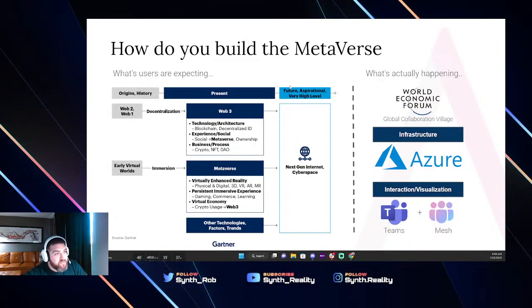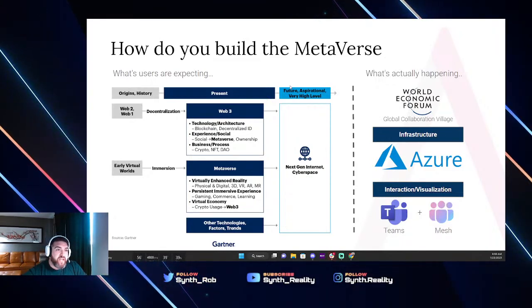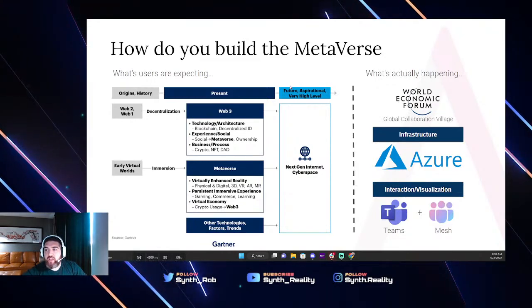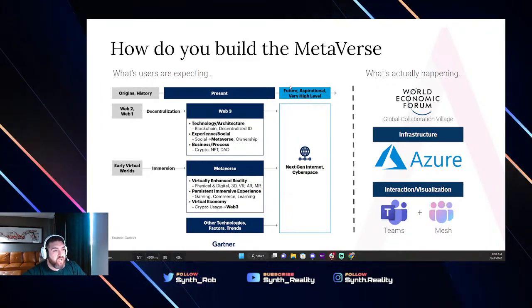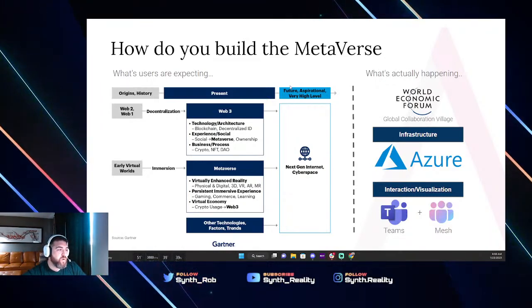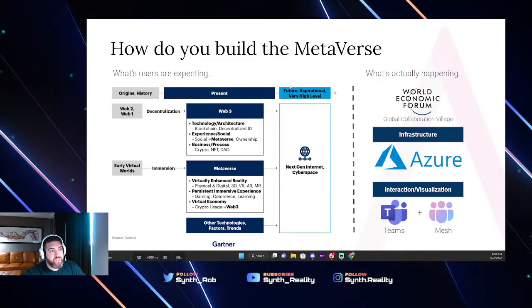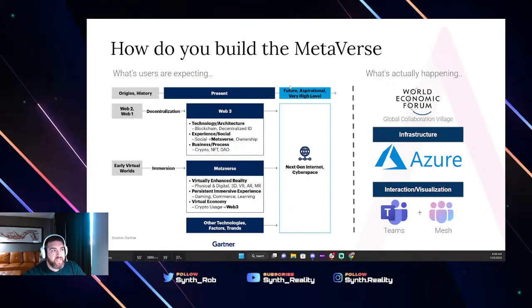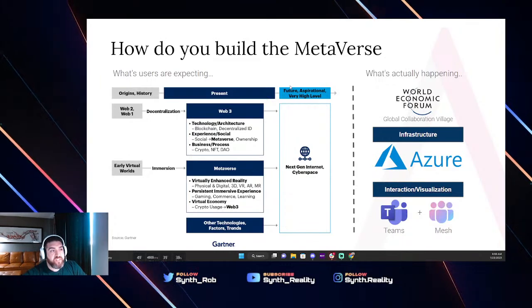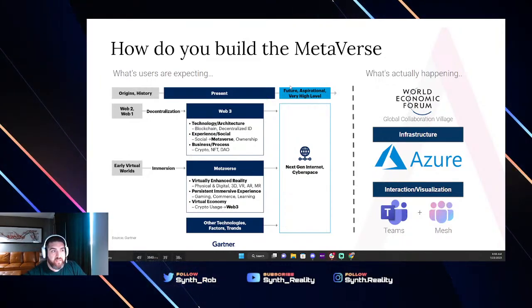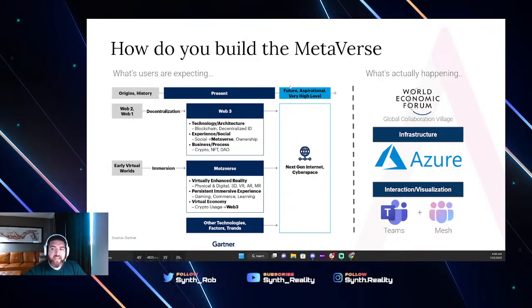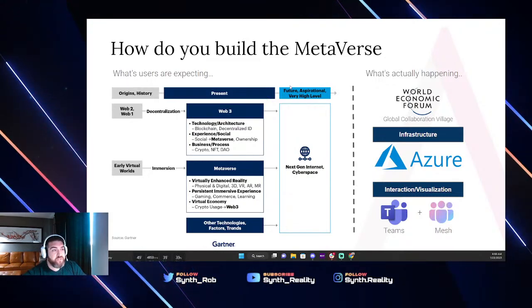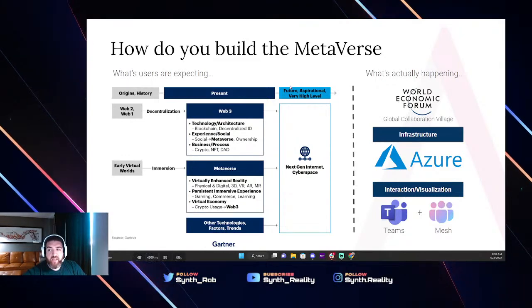Okay, specific example. The World Economic Forum launched the Global Collaboration Village. The Global Collaboration Village is built with 80 plus organizers. It was talked about in 2022. It was highlighted in 2023 Davos, just the last week. But ultimately, it's built on top of Azure, a centralized cloud-based infrastructure, and then it's added an interaction and virtualization layer using Teams and Mesh.